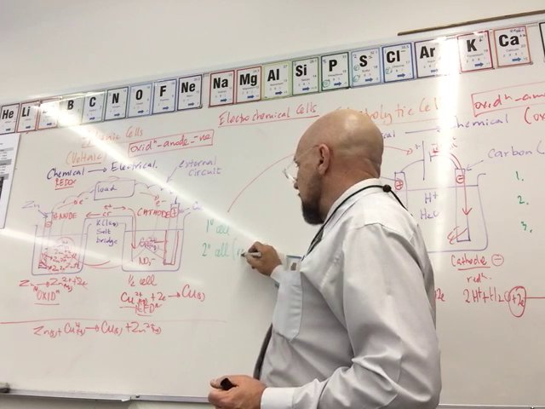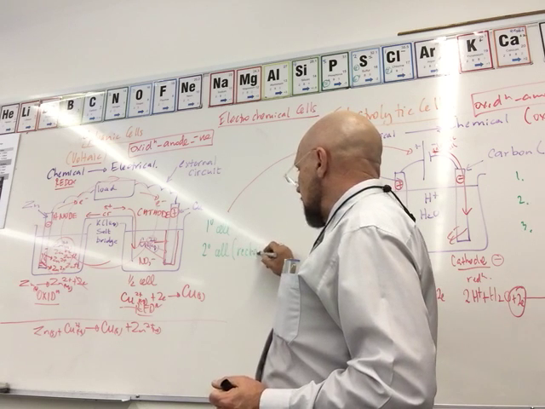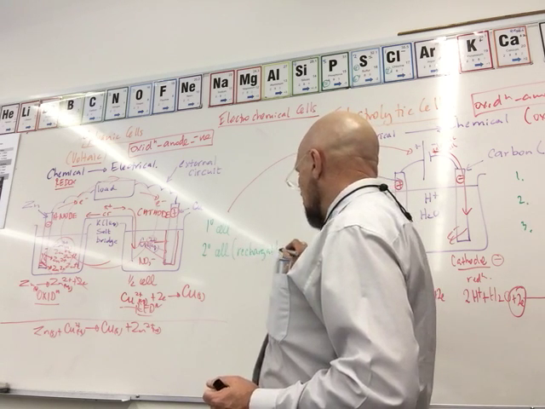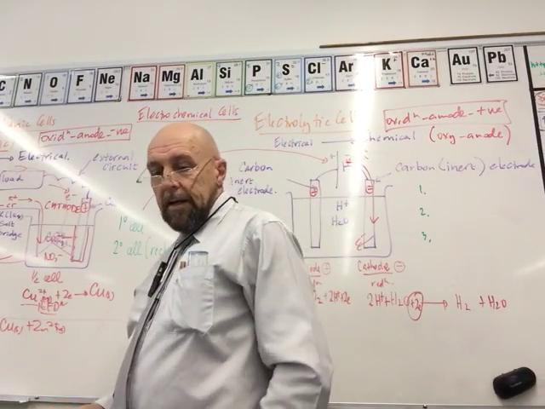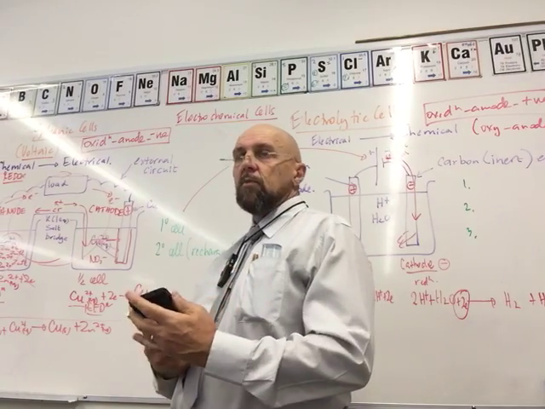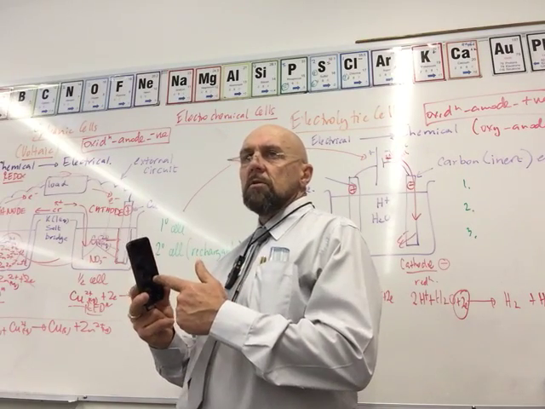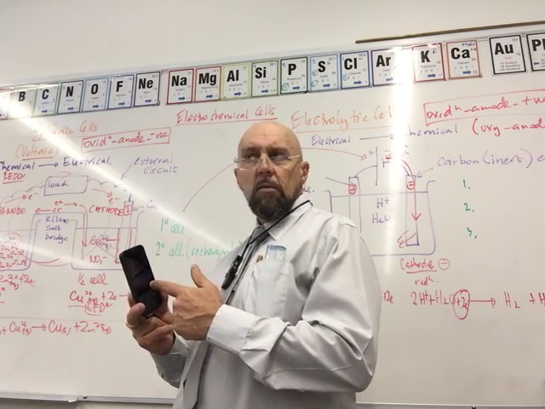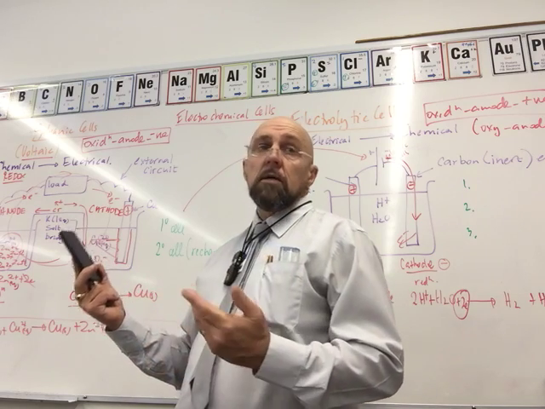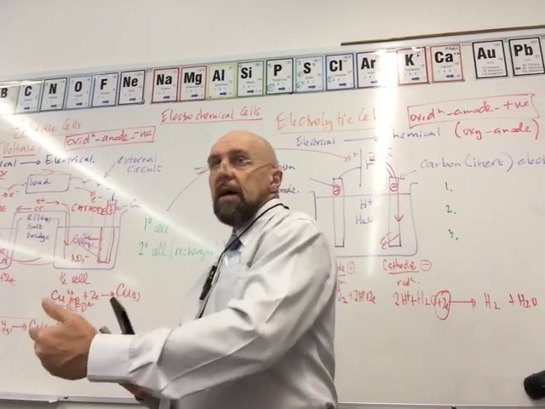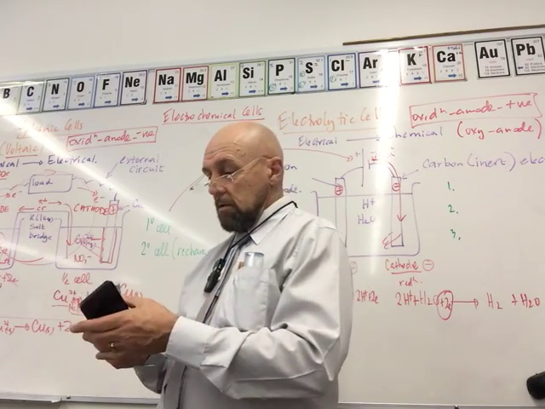The secondary cell batteries are rechargeable. There's a whole series of stuff on batteries. Like the ones in phones, lithium ion. The lithium ion is a rechargeable battery. I can reverse the reaction, I can use it again.